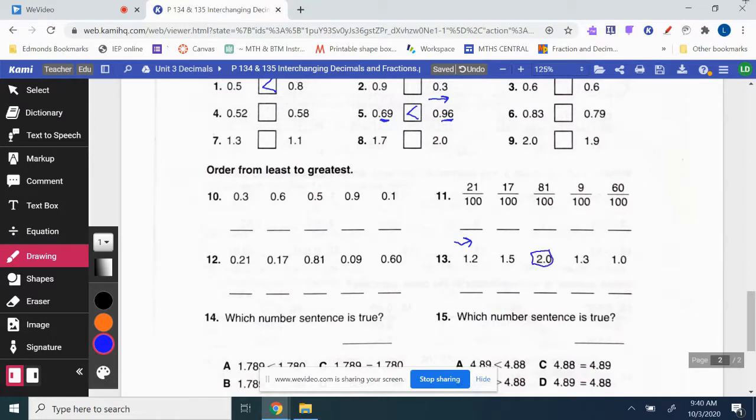So I'm going to put that over here. 2.0. So I know I'm done. Now I got to look at the tenths place. I have 2, 5, 3, 0. 0 is the smallest. So I'm going to use that one over here. And then when I'm looking at the next one, I see 1.2 and then 1.3 and then 1.5 or 1 and 5 tenths.